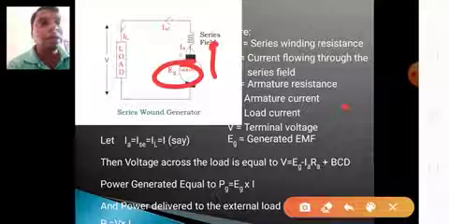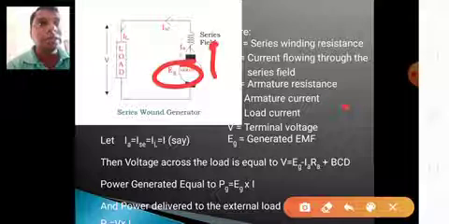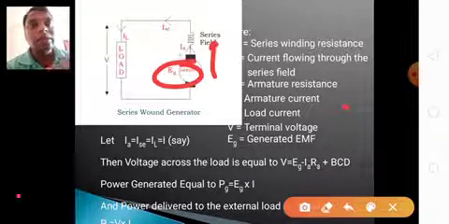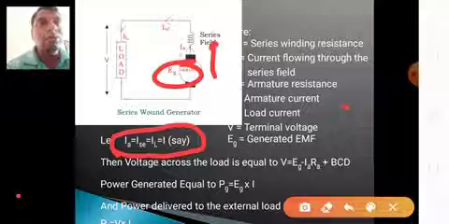Here the series field winding resistance is RSE, the current flowing through the series field winding is ISE, armature resistance is RA, armature current is IA, load current is IL, terminal voltage is V, and the generated EMF is EG. IA equal to ISE equal to IL equal to I. Why?